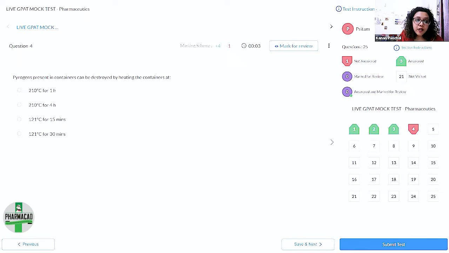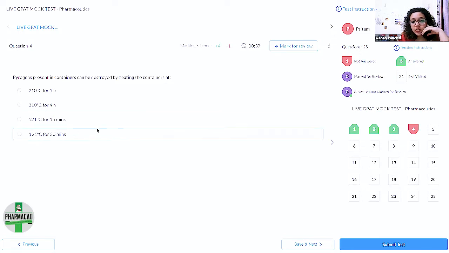Next, pyrogens present in containers can be destroyed by heating the containers at... Ma'am, option C. 121 degrees, no. It's option D. 121 degrees, 30 to 60 minutes is the time.